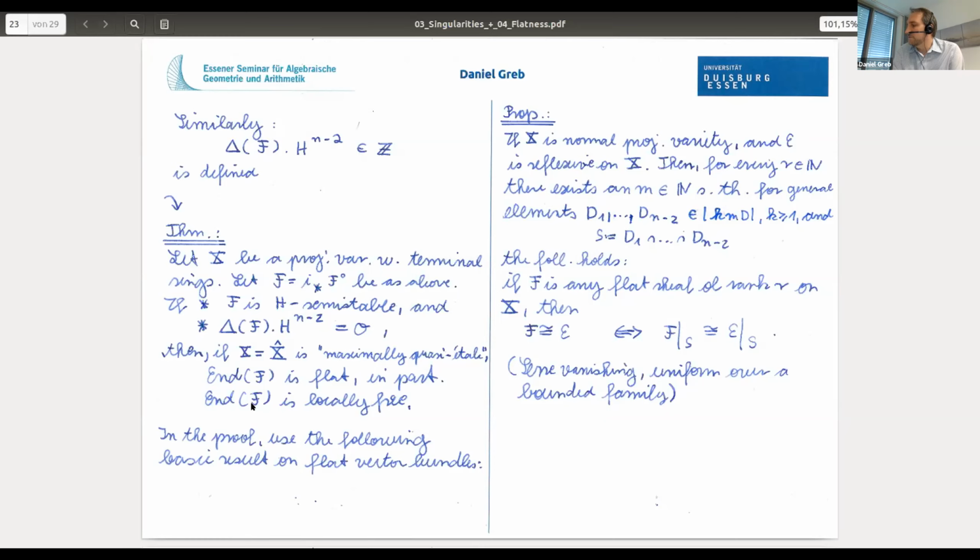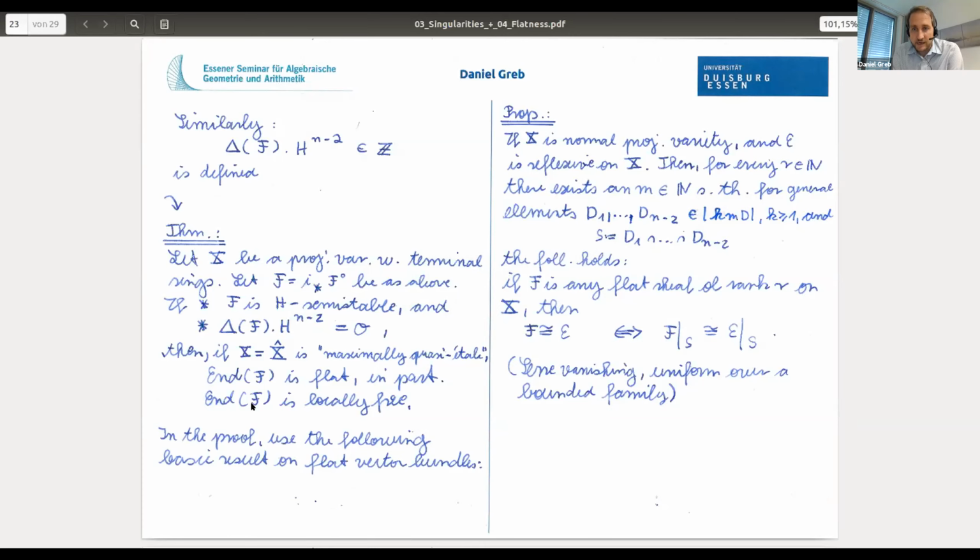And you all know, if you have two vector bundles on a projective variety, if you restrict them to a hypersurface of high enough degree, because of Serre vanishing, if they are isomorphic there, you can lift this isomorphism to an isomorphism on the whole variety. But now here I have to use this for a lot of sheaves at the same time. So the statement is, if X is a normal projective variety and E is a reflexive sheaf, which I'm starting from the beginning.